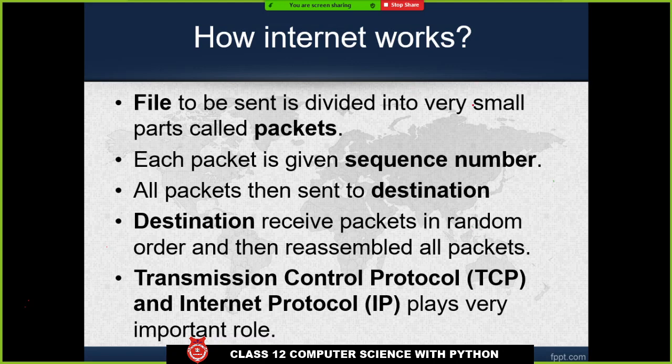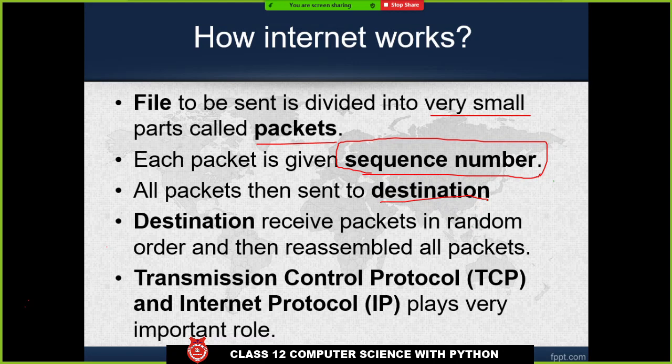For example, if you are going to send a file to a person on the internet, the file is divided into small fragments, which are known as packets. Each packet is given a serial number, known as a sequence number in networking terms, and all the packets are sent to the destination separately.